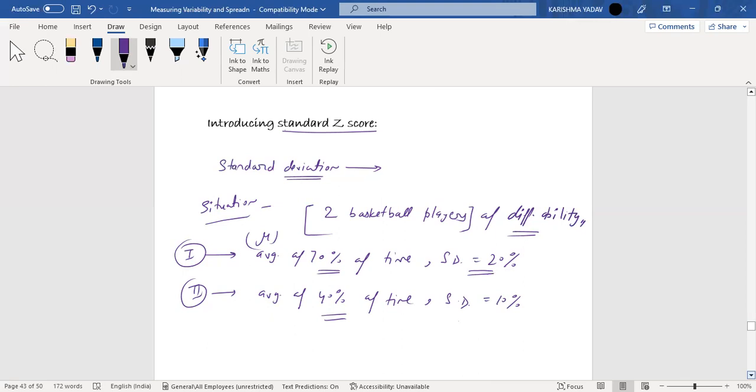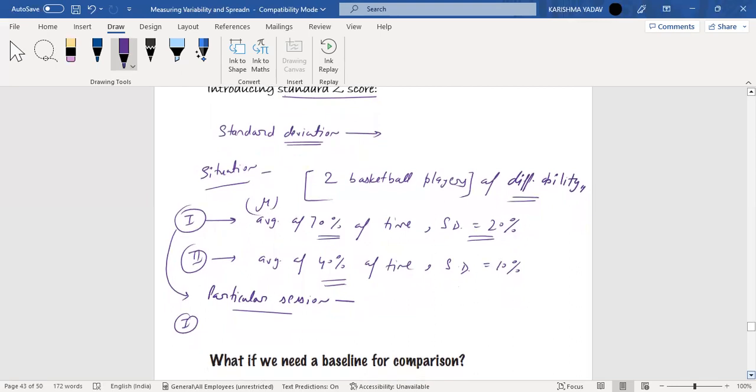Now, in a particular practice session, the first player gets the ball into the net 75% of the time, and the second player gets the ball into the basket 55% of the time.